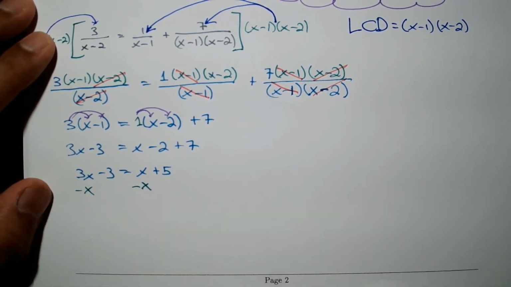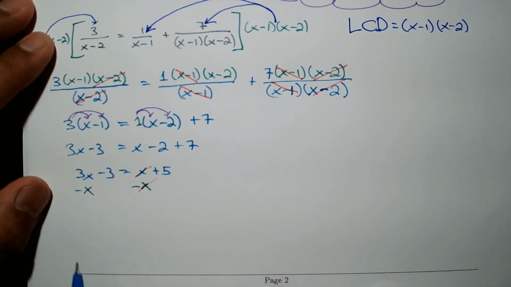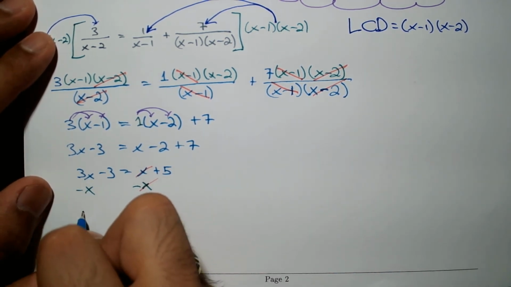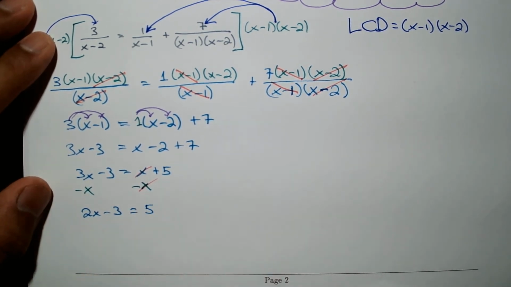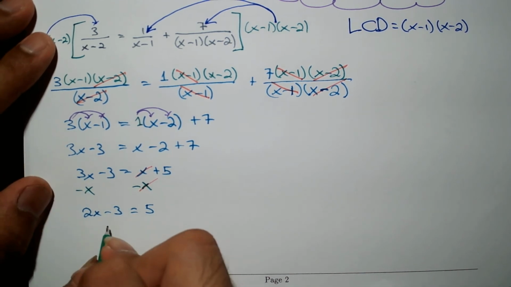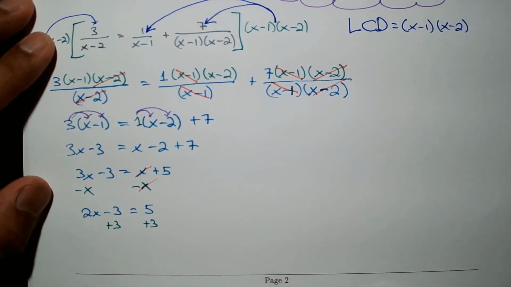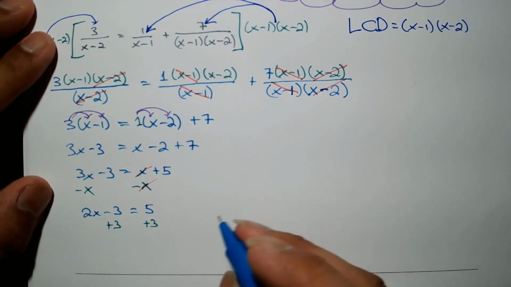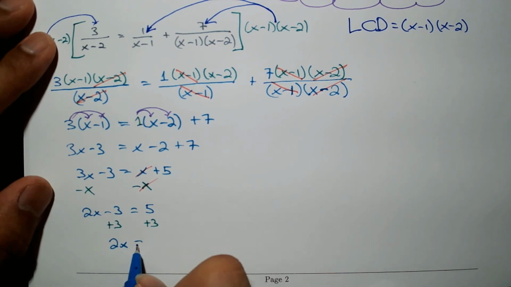Okay, so that's going to cancel the x's here for us. And 3x minus x, that's 2x minus 3 equals 5. Add 3 to both sides. That's going to lead to 2x equals 8.